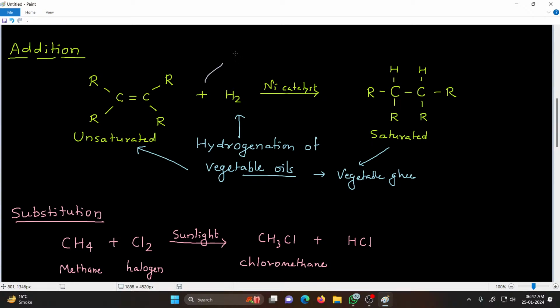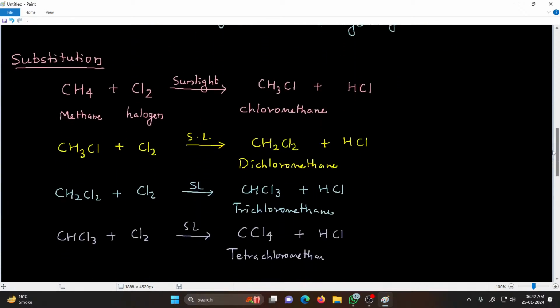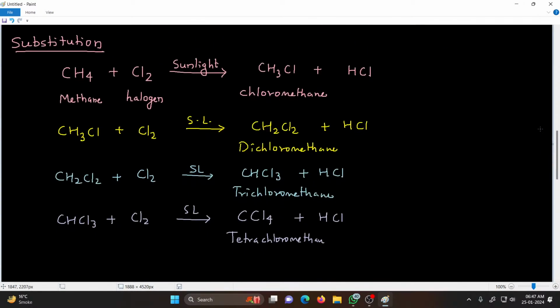They also can combine with halogens, chlorine and bromine. Similar reaction takes place. So in place of hydrogen, there can be chlorine or there can be bromine. So this is addition reaction. Then we saw substitution reaction, in which hydrogens in alkanes are replaced by halogen one by one.